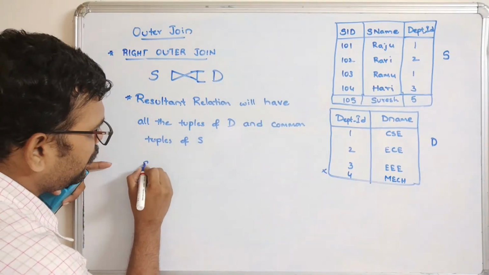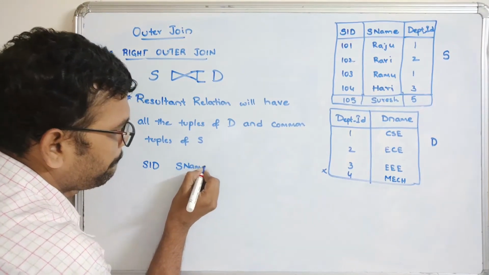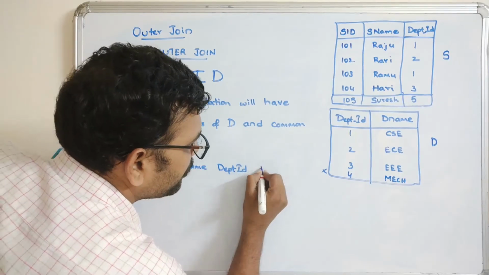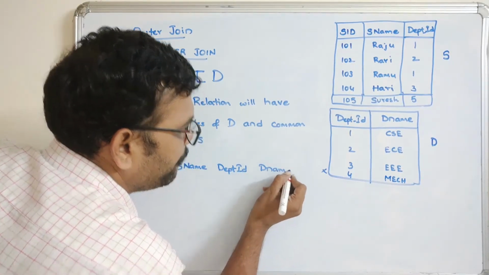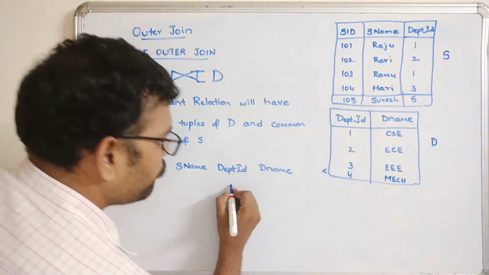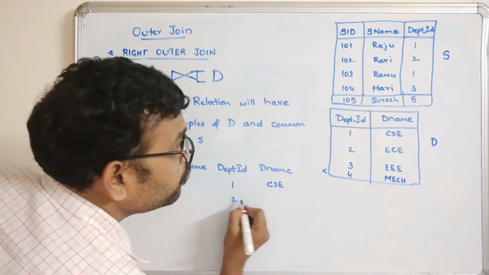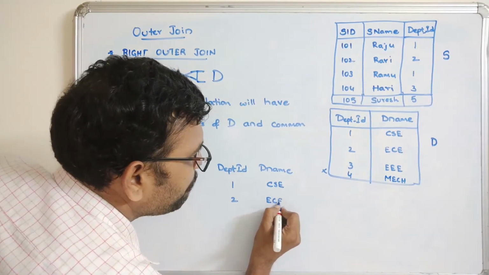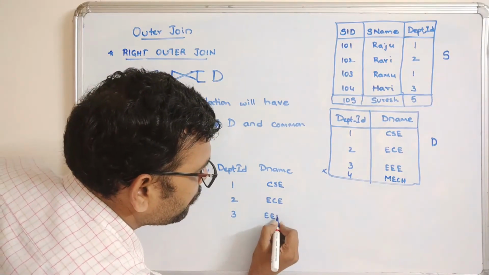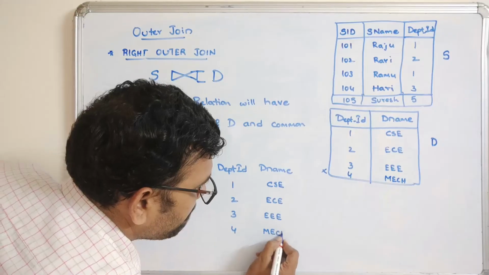So you can consider S ID, S name, DPT ID and D name. So consider all the values of D, all the tuples of D. So first write down 1 CSE, 2 ECE, 3 triple E, 4 MEC.